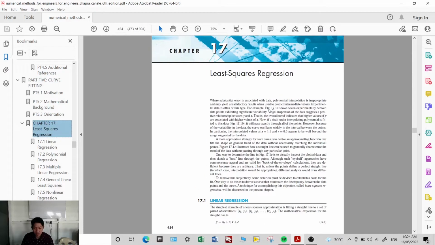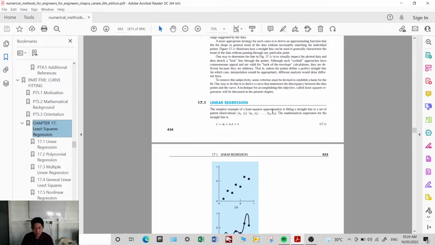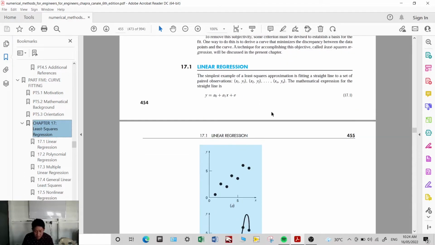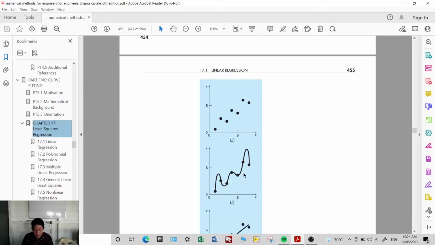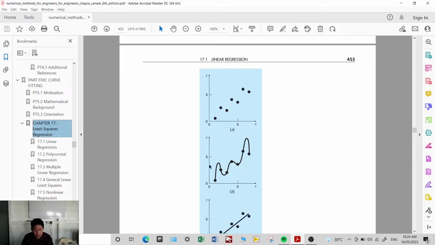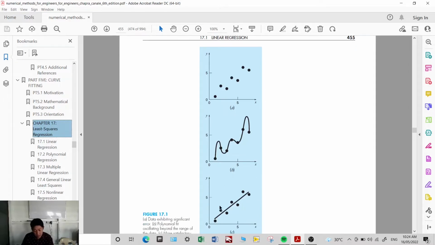Least squares regression. Again, as I have mentioned, if you are presented with this data from your experiments, a different person will interpret it differently. You can either fit a curvilinear function, or you can fit a straight line.